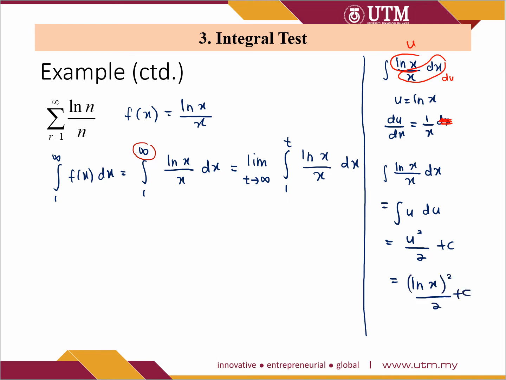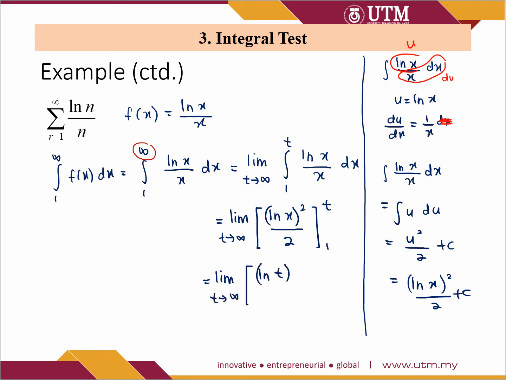We have solved this integration, so we can simply substitute into this limit, where the integration of ln x over x is equal to ln x squared over 2. You don't have to write the plus c. So this one would be from 1 up to t. Now we substitute this, where it would be ln t squared over 2 minus ln 1 squared over 2.